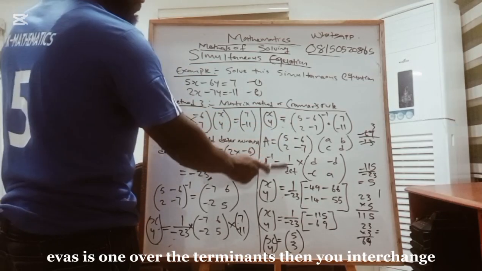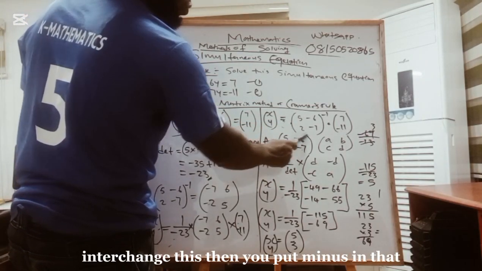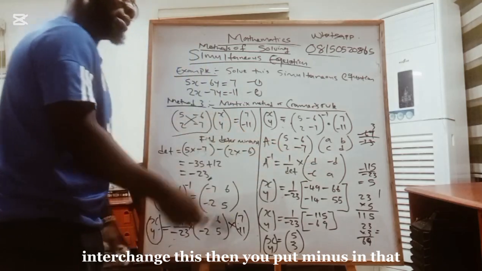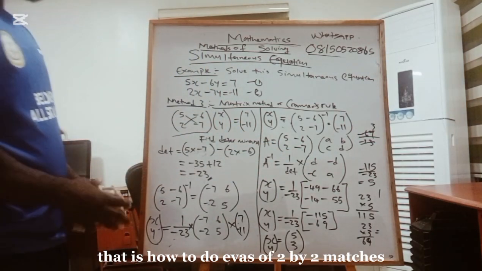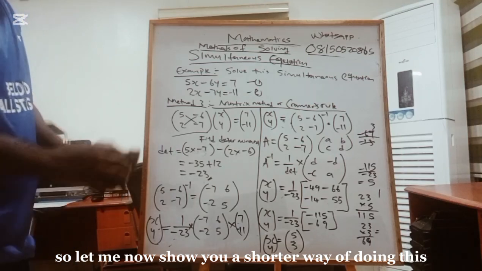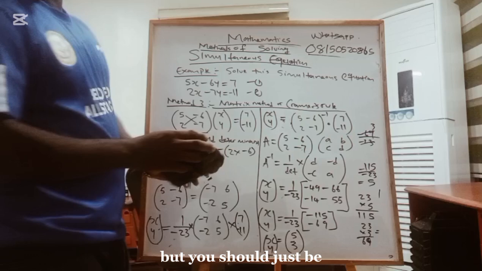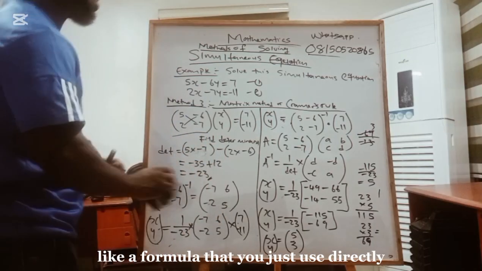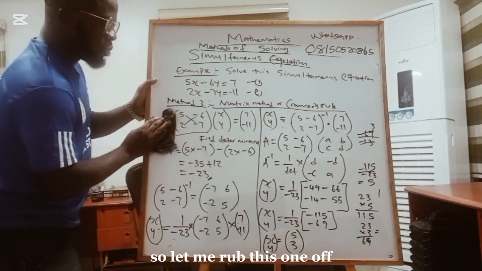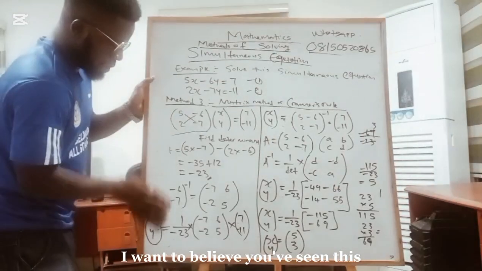Inverse is 1 over determinant, then you interchange this, then you put minus in that. That is how to do the inverse of a 2 by 2 matrix. So let me now show you a shorter way of doing this. It's still Cramer's rule, but you just use a formula directly. So let me run this one off. I want to believe you've seen this.